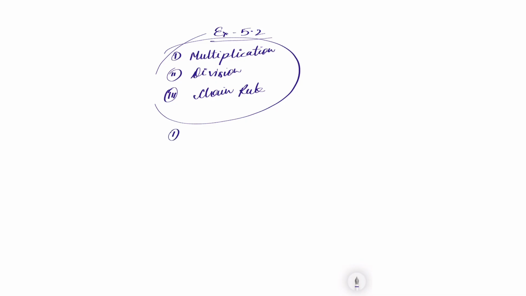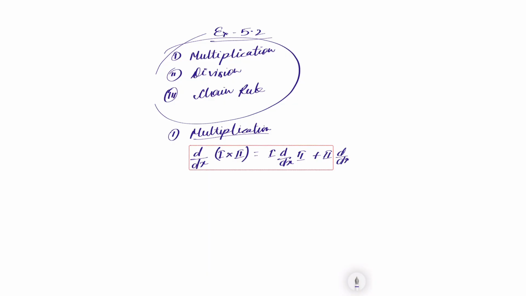First one, multiplication. Suppose that we are going to differentiate the product of two functions, 1 and 2. Then the answer will be 1 d/dx of 2 plus 2 d/dx of 1.